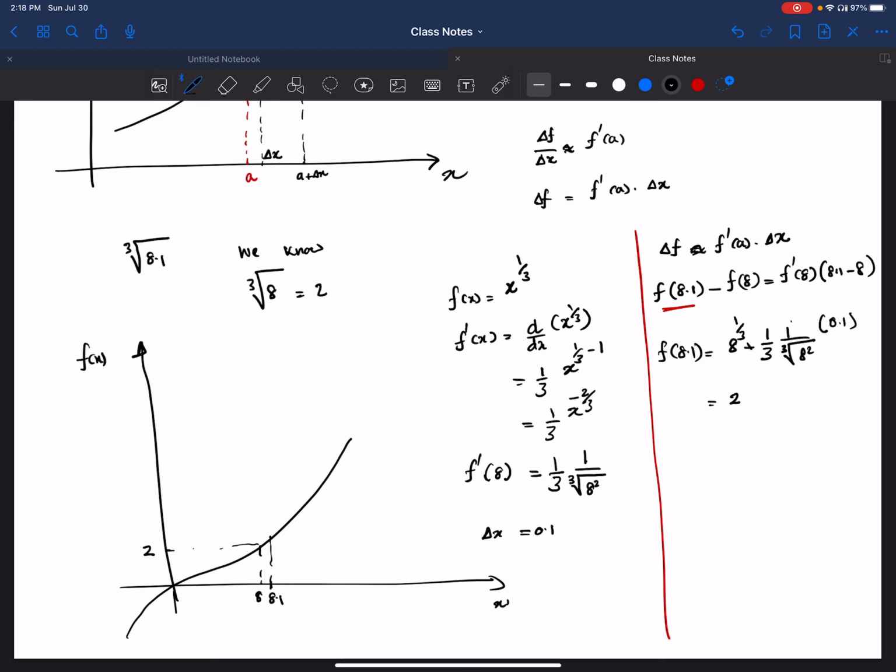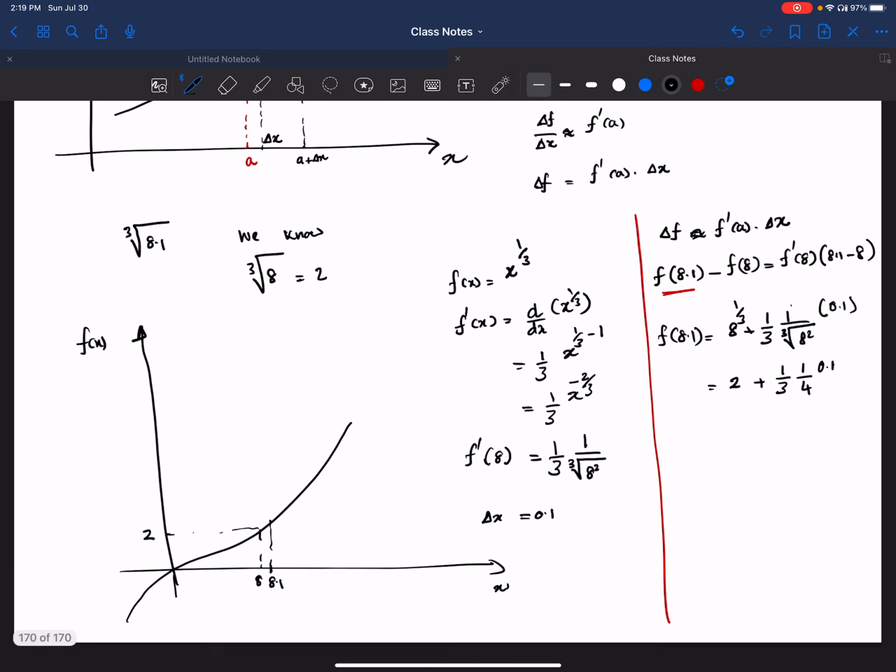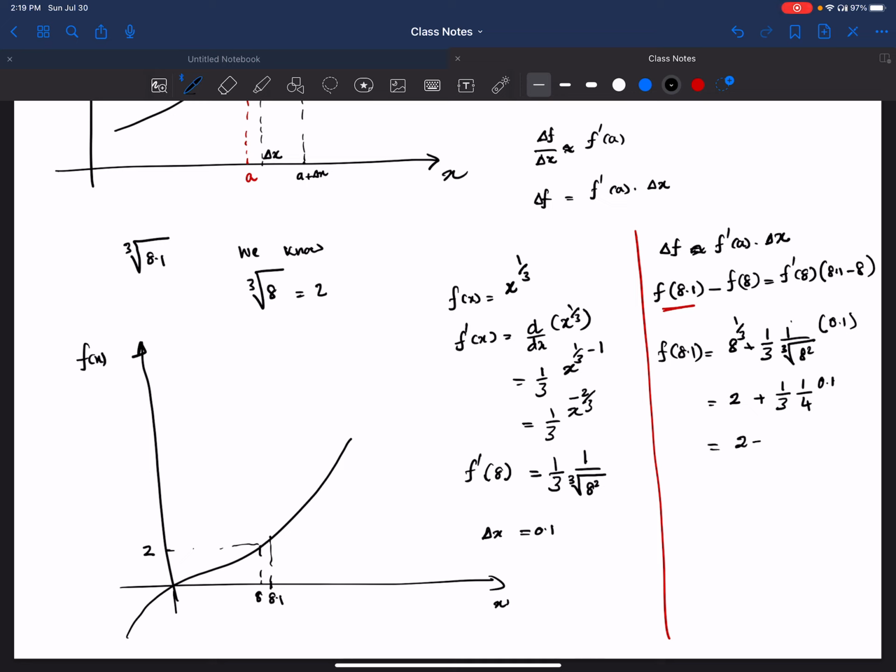So this is 2 plus 1/3 times 1 over 4, which is 1 over 4, times 0.1. So you end up with 2 plus 0.1 divided by 12.